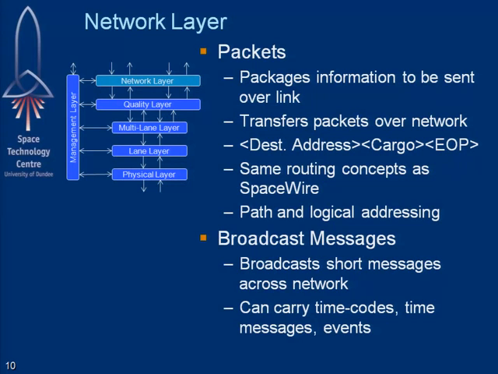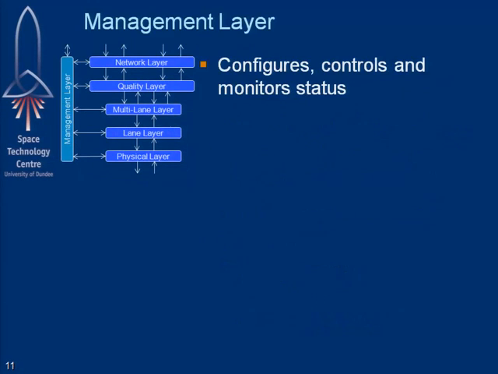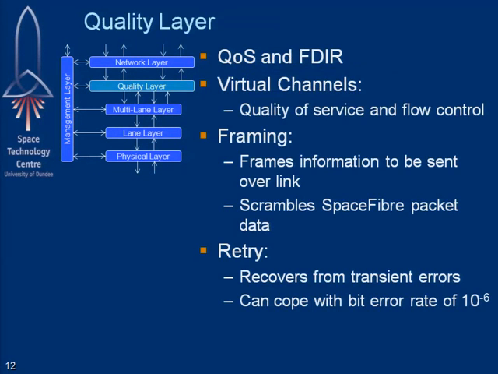The destination address can be either a path or a logical address. The network layer also handles broadcast messages. As I've said, these are short messages which are broadcast right across the entire network. The management layer is responsible for configuring, controlling, and monitoring the status of the SpaceFibre network.